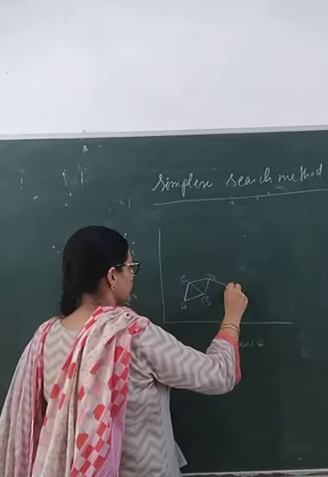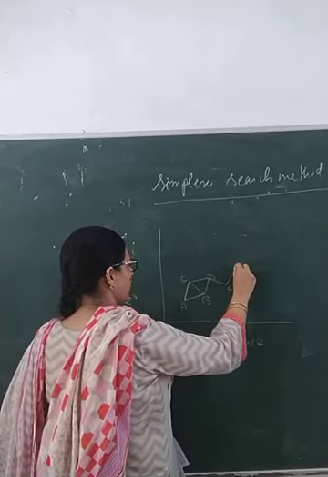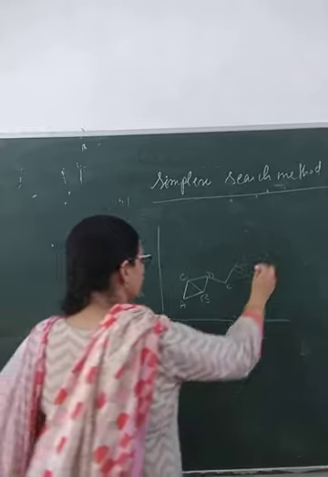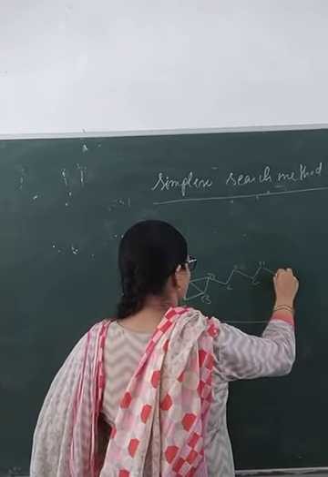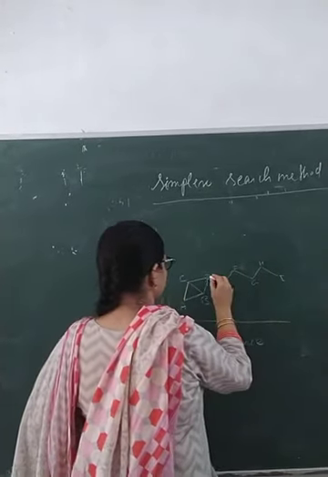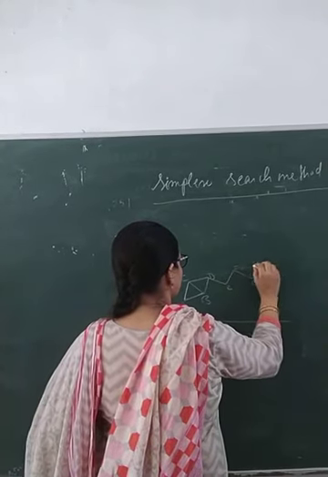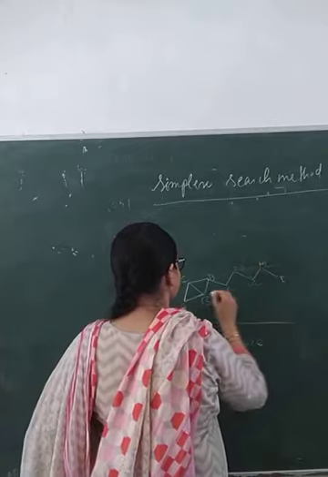Like here is the point B, then it will go up, F, then it will come down, G, H, I. So somewhat like this we are going to get.